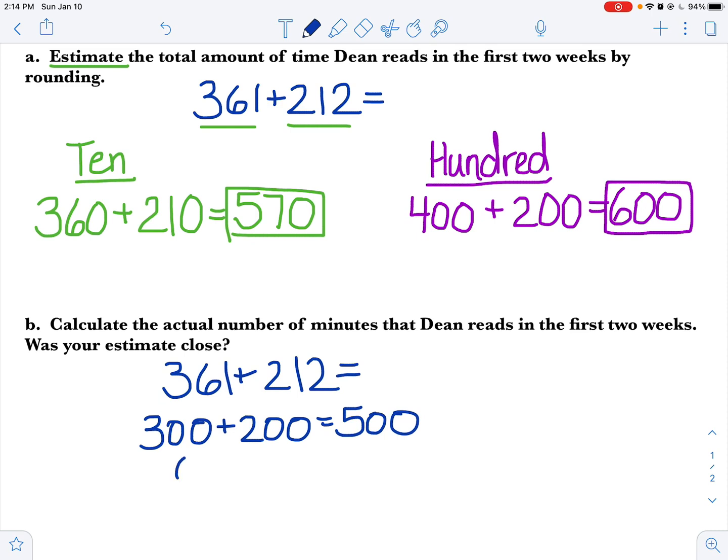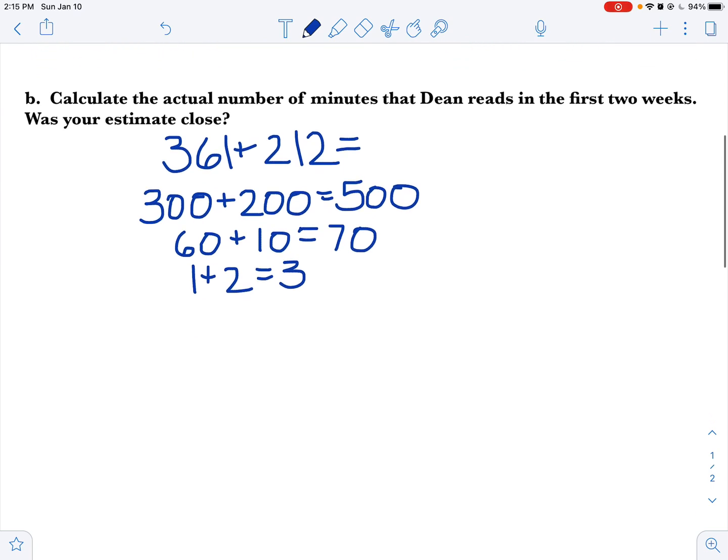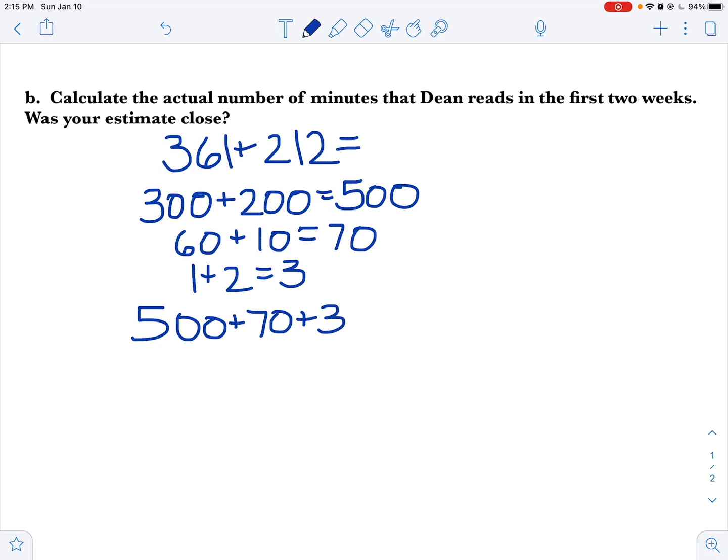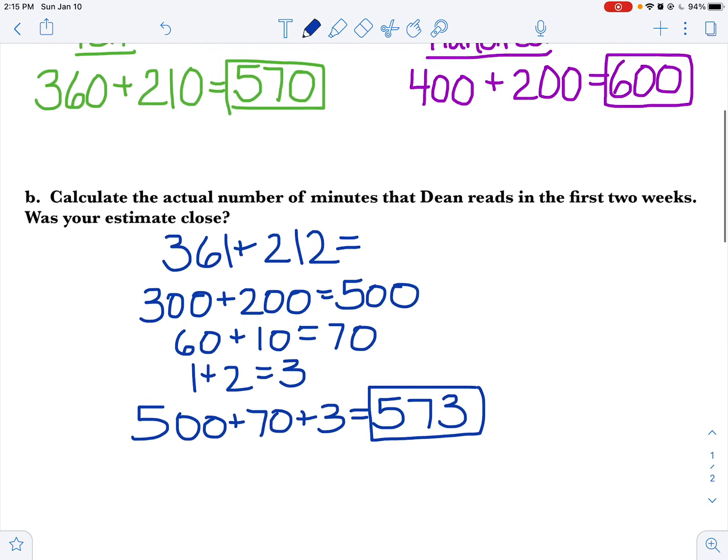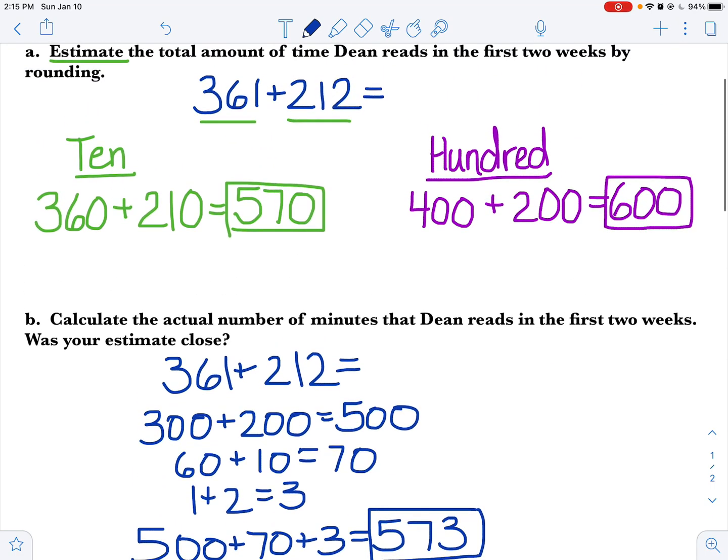Now I'm going to add my tens, 60 plus 10, that's 70, and 1 plus 2 equals 3 for my ones. And now I'm going to add all of those up together. 500 plus 70 plus 3 equals 573. This is my exact answer to how many minutes Dean reads in the first 2 weeks.